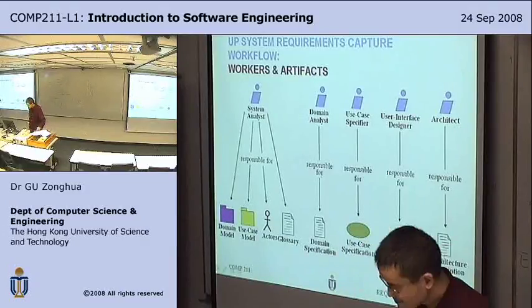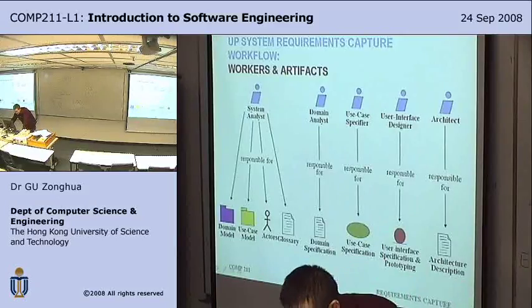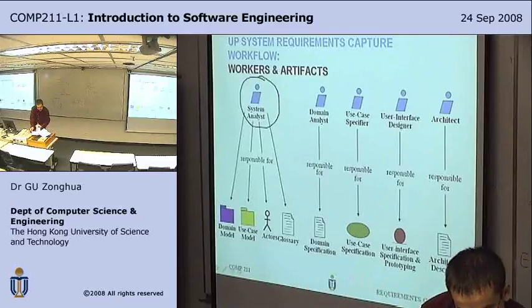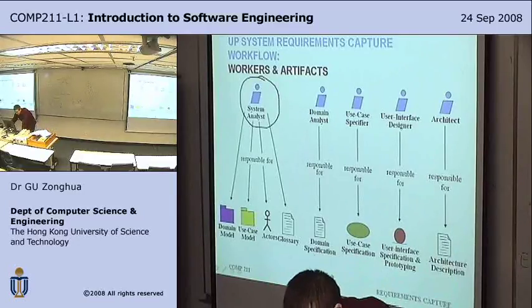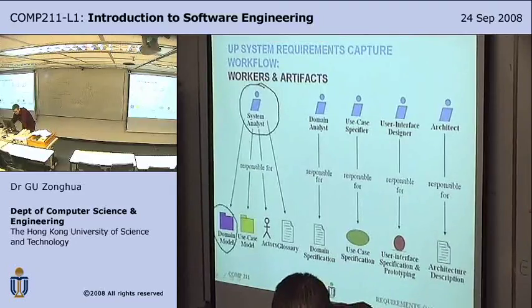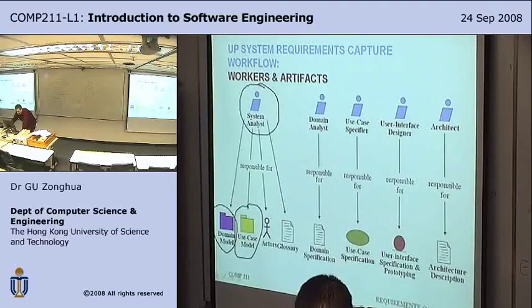So the system analyst is this overall responsible person who should take care of a domain model, that is the static requirements, use case model, the dynamic requirements, actors, who are the actors in the use case model, glossary.